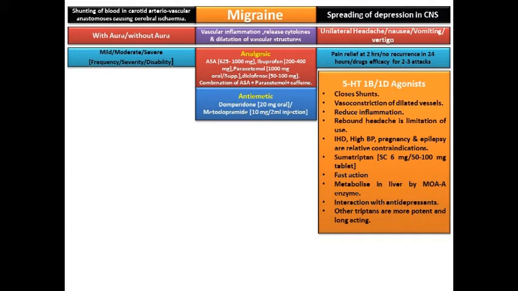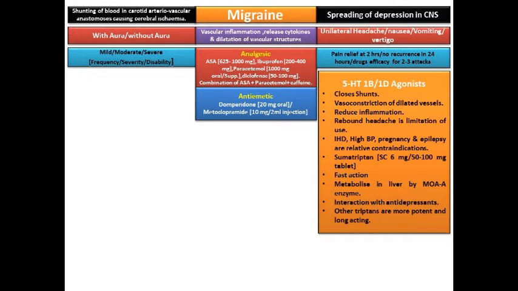They cause vasoconstriction of the dilated vessels, because ultimately it's vasodilatation of the cranial vessels that causes pain. So they close the shunt, they vasoconstrict the dilated vessels, they reduce neuronal inflammation. Rebound headache is the limitation of its use. So it can give rise to rebound headache once you give this drug, but need not be worrying because these are one of the drugs of choice for moderate to severe migraine.